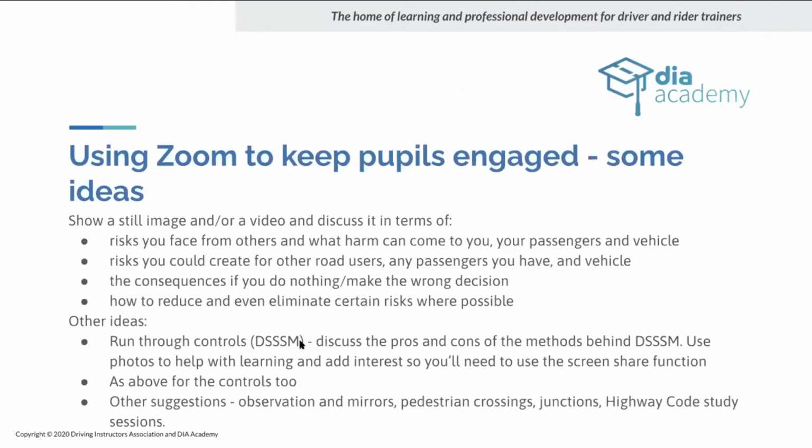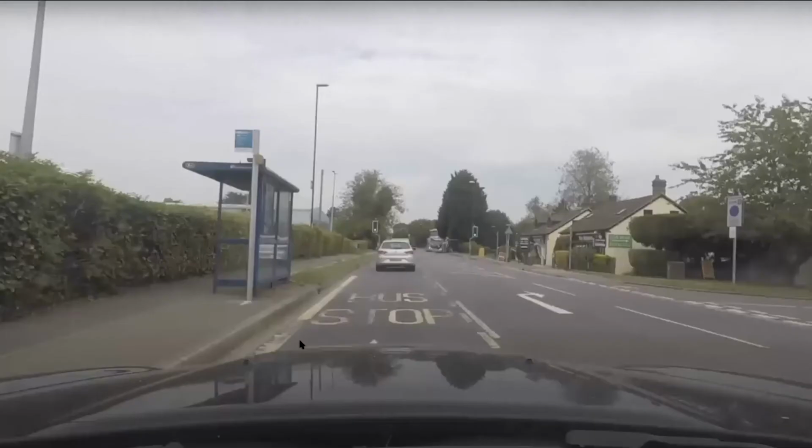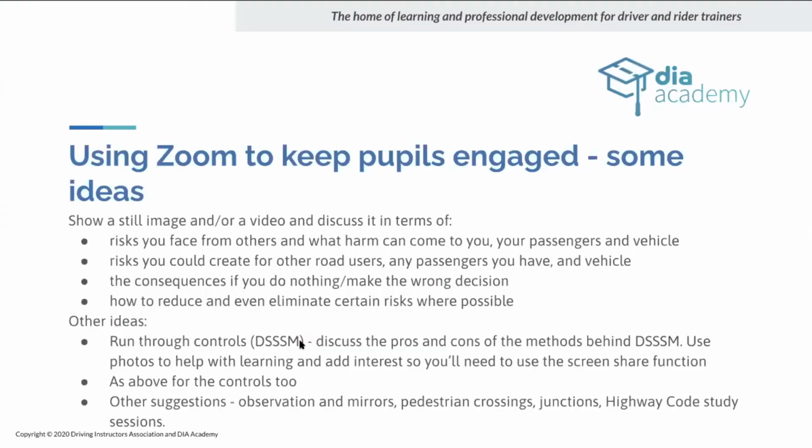So you can have, say, a still image on the screen such as that. From that, you can discuss with your pupils some of the risks that you might face, what harm can come to you in such a situation, your passengers and the vehicle, risk you could create for other road users, so all the sort of things that you would normally discuss in a car.